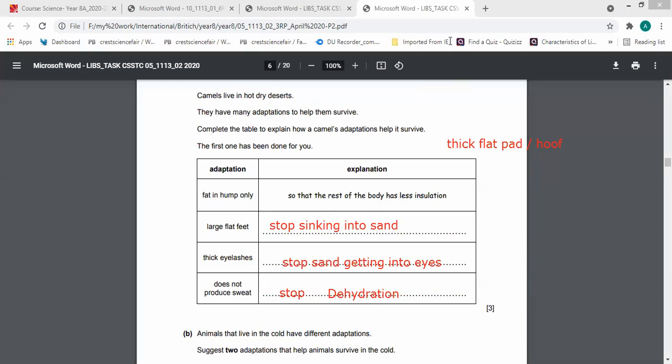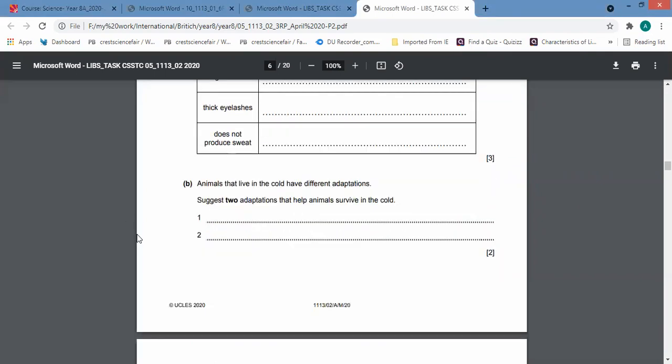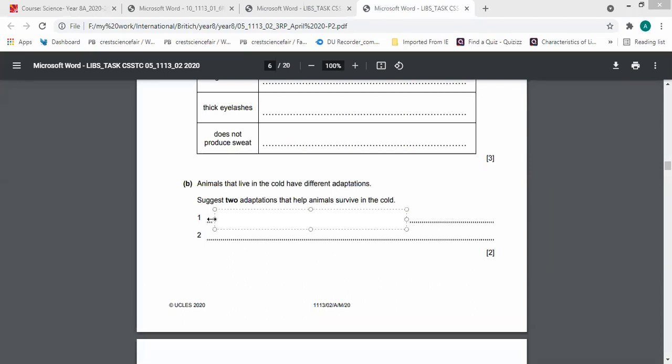Okay. Next question. Have you finished? Animals that live in the cold have different adaptations. Suggest two adaptations that help animals survive in the cold. Like we said during the session, when we explained this part about the polar regions, thick fur. Do you remember?